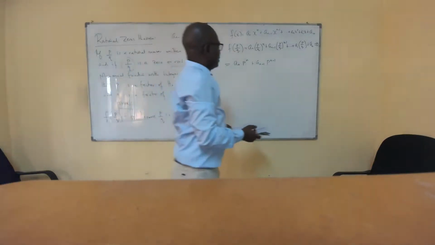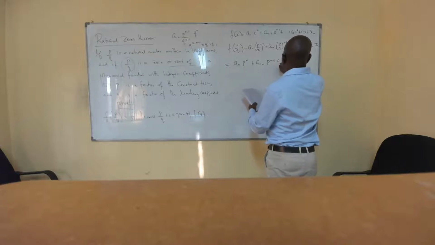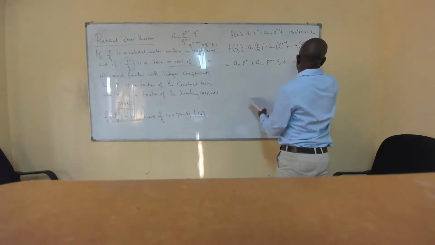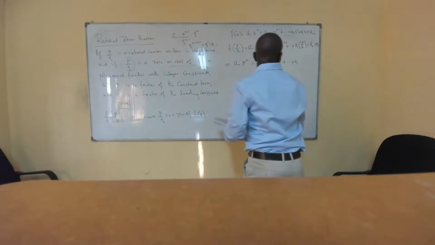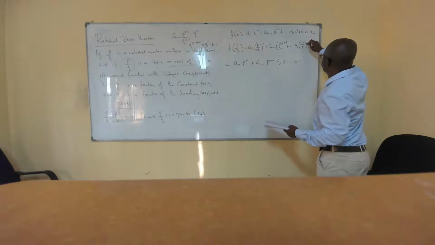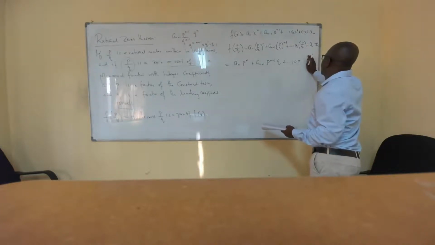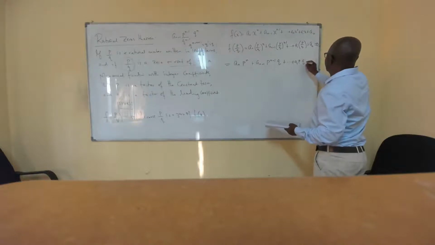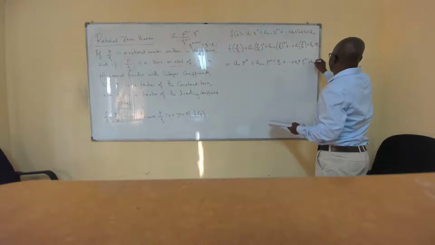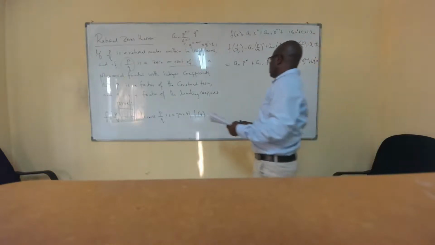So here we'll just bring about q, plus, then we come to the next one, and so on, up to a_0 q to the power n, equal to 0.